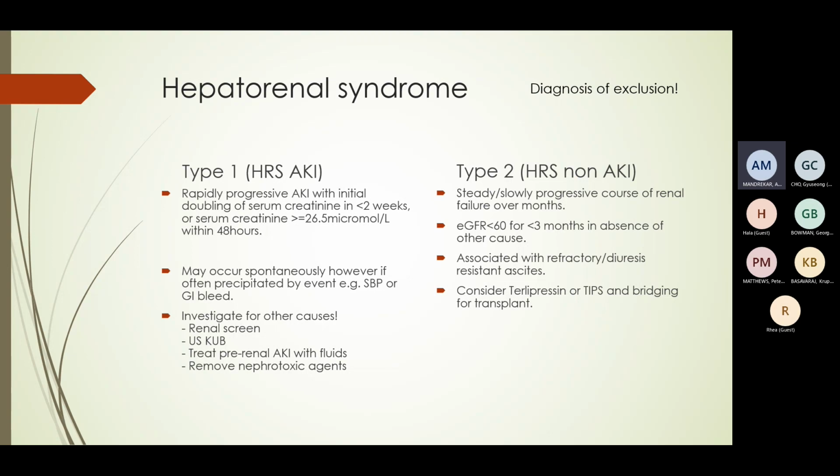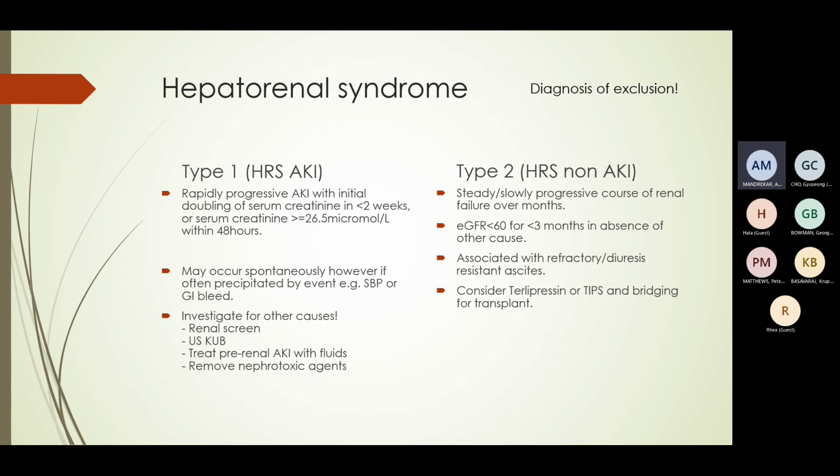Type 2, which is perhaps more properly known as a non-AKI form, is a more steady, slow progressive decline over a series of months, and is normally associated with chronic liver patients with ascites. Initially, the first few years they're treating it well with diuretics, and they've now become resistant or refractory. For these patients, ultimately they will actually need a transplant to fix this problem.